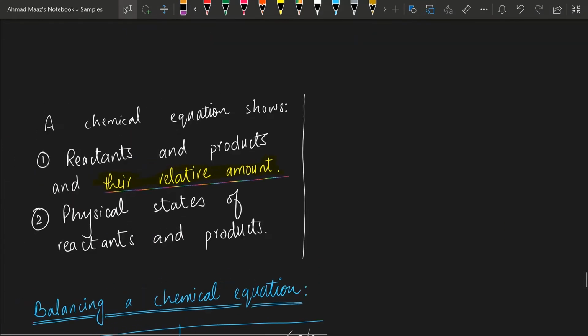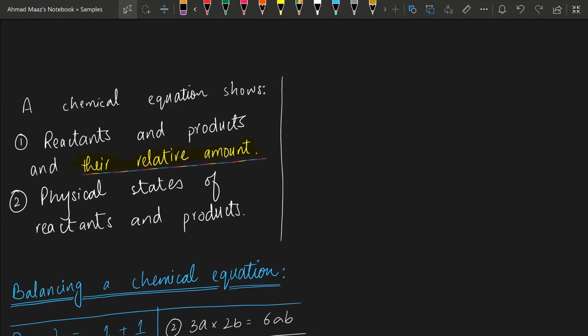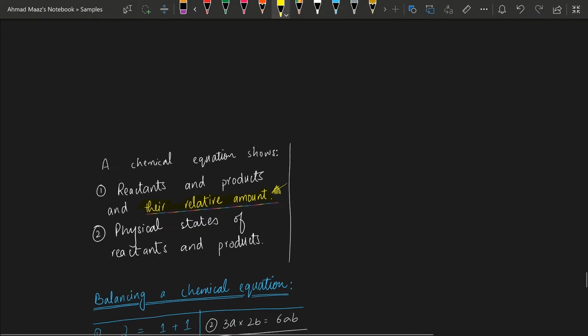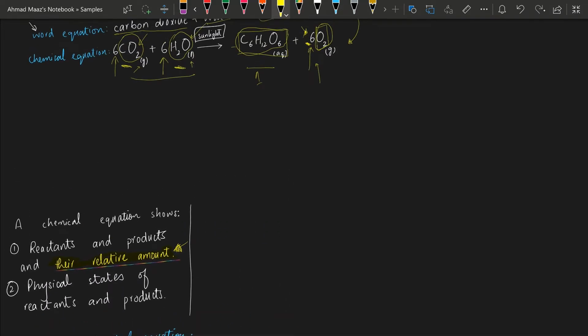Let's see. A chemical equation shows reactants and products and their relative amount. This relative amount is actually represented by the numbers that are added over here. Relative amount means how much of their quantity is required. Now we know that 6 molecules of carbon dioxide are required to react with 6 molecules of water, and then we'll obtain 1 molecule of glucose and 6 molecules of oxygen.